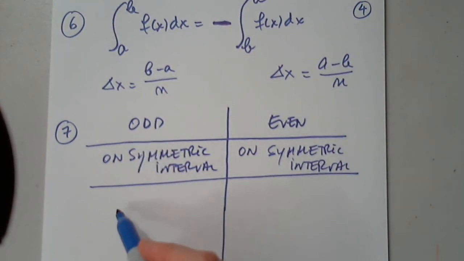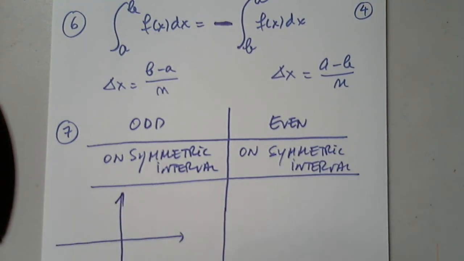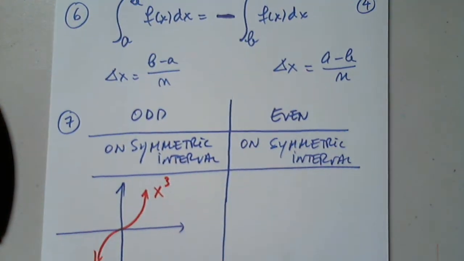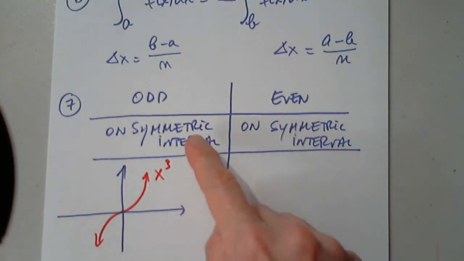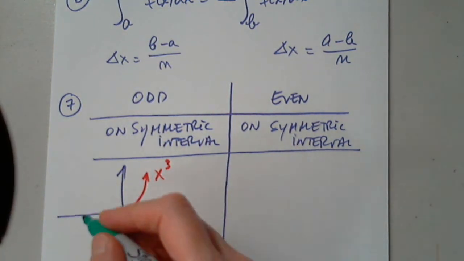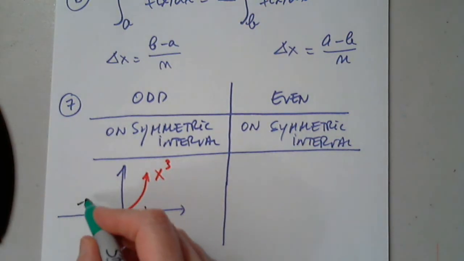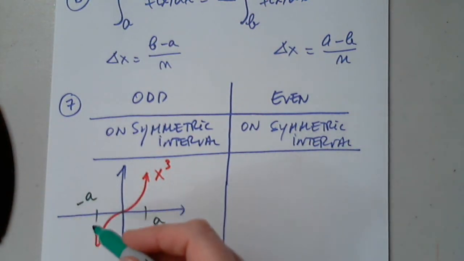So let's take a look at an odd function. Our very nice example for an odd function is x cubed. So this is an odd function. What about the symmetric interval? Like between -4 and +4, between -a and +a.